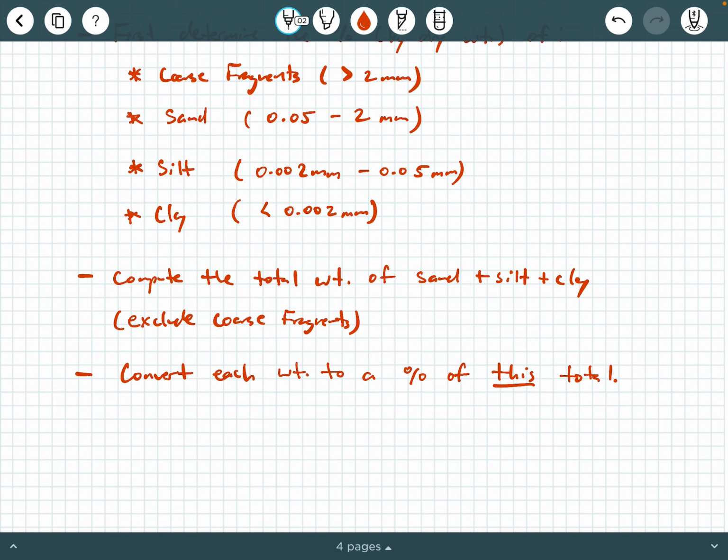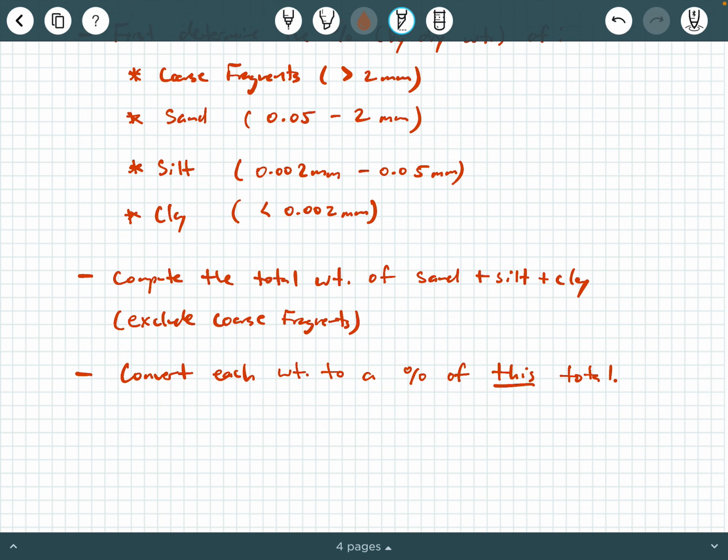So what we do is we exclude these coarse fragments and we find the total weight based on sand, silt, and clay, and then we find the percentage of sand out of the total weight of sand plus silt plus clay. So again, we exclude these coarse fragments in these calculations, okay?